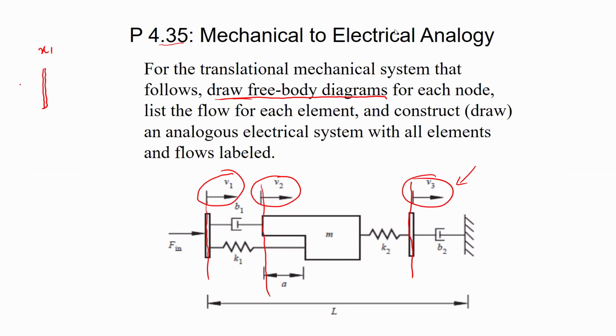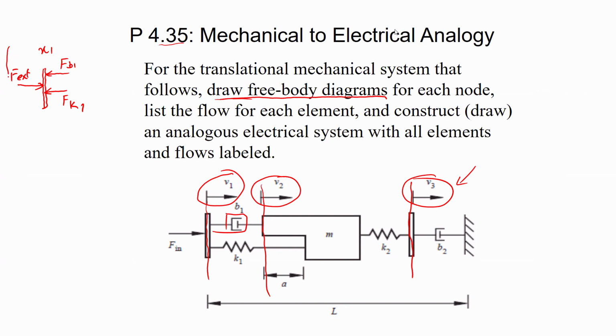What is the external force? How many forces are on the other end, please? At equilibrium, there are 2 forces. One is called F, the damper B1, and the other is F, K1.